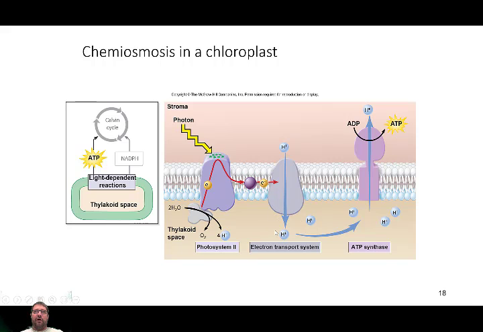So again, hydrogen ion and proton in this case are used interchangeably. They mean the same thing. Those protons or hydrogen ions are moved across into the thylakoid space, creating a proton gradient. These protons need to get back across to reach equilibrium. They do so through ATP synthase, and ATP is formed from ADP and inorganic phosphate, using the energy from moving through this protein.